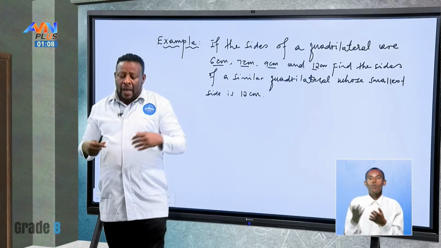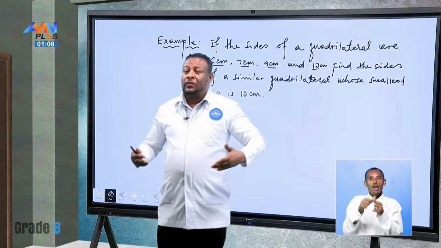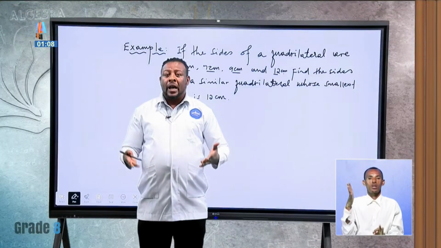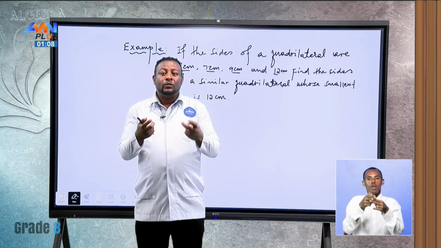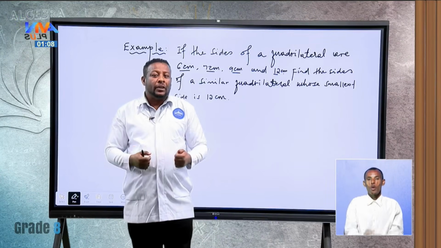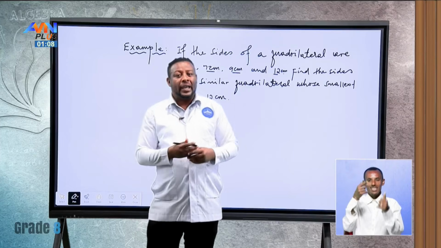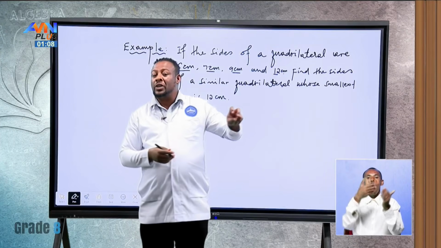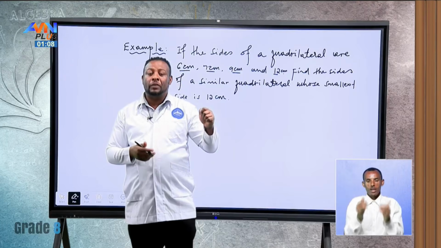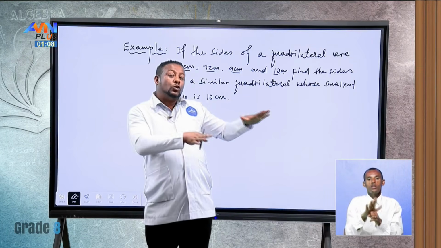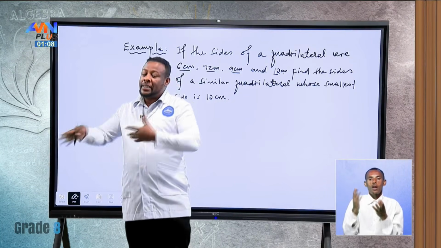Well, to remind you what the definition looks like, two polygons are said to be similar if two conditions are satisfied. The first one is all pairs of corresponding angles must be congruent. This is the first condition that should be fulfilled to say the two quadrilaterals are similar.